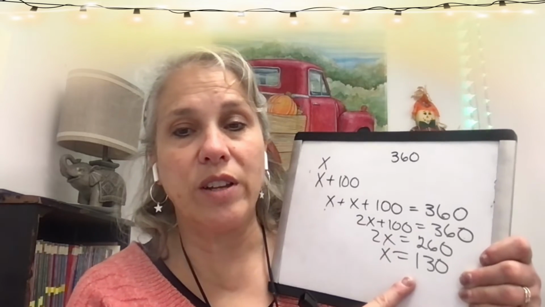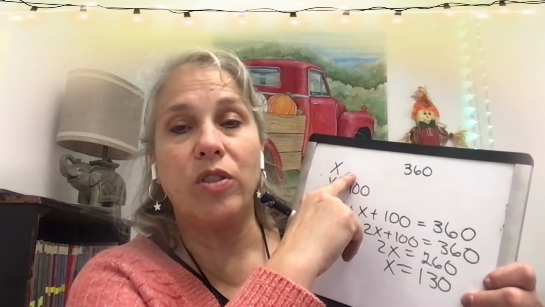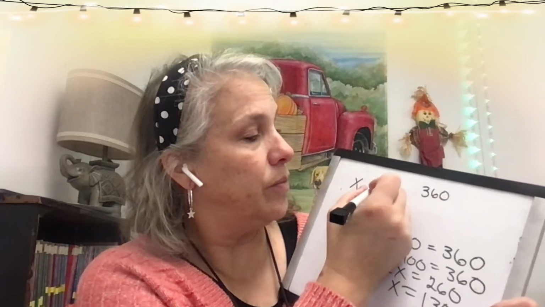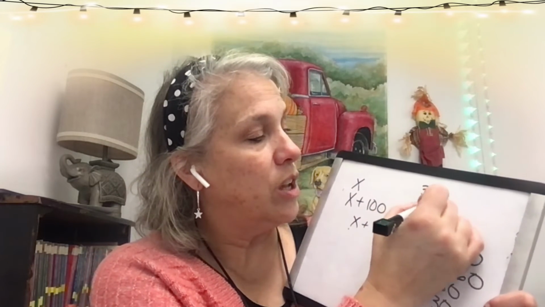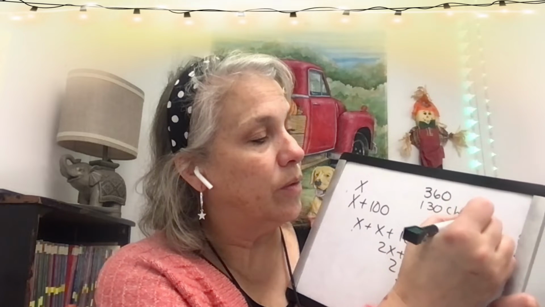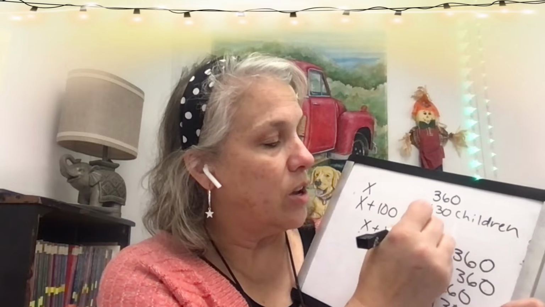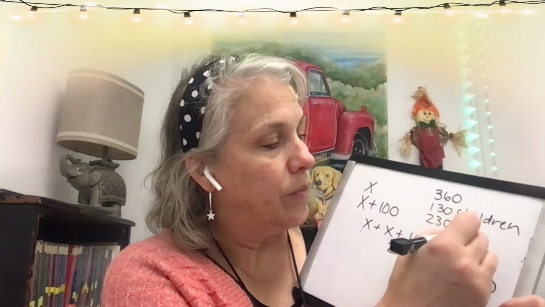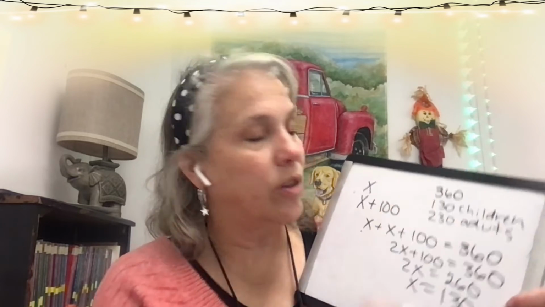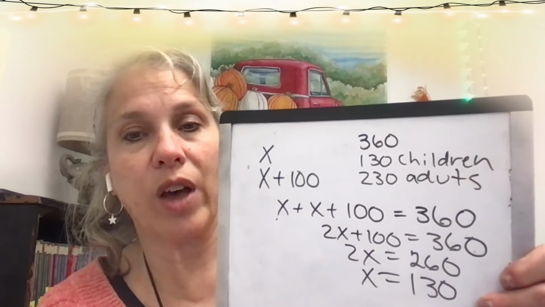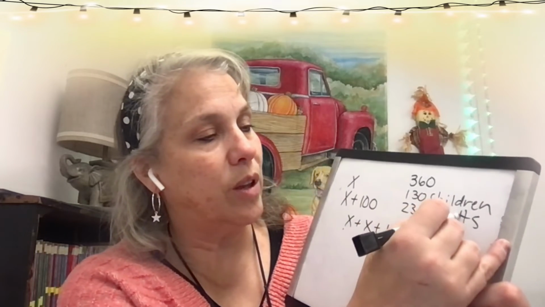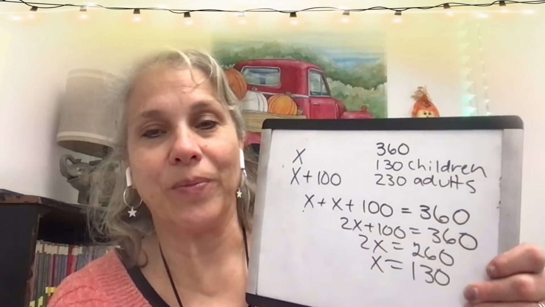Okay, so 130 tells us 130 children. And how many adults were there? Add 100. So 230 adults, and all together there's 360. So that is your final answer.